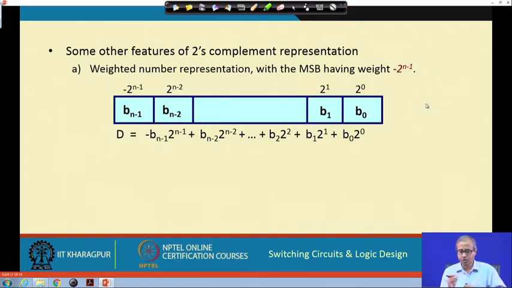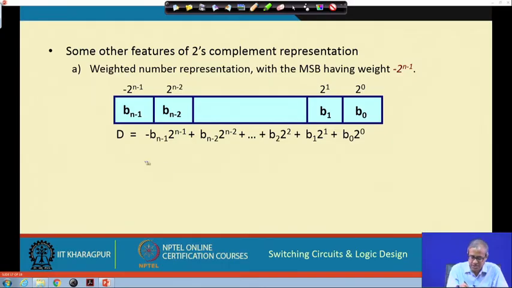Let us talk about a few other features of 2's complement representation. Well, this may not be very obvious, but when you are calculating the value of a 2's complement number, this can help. Suppose I have an n bit number representation in 2's complement.